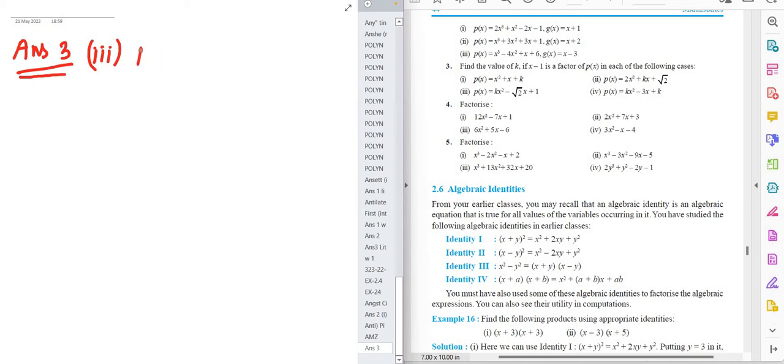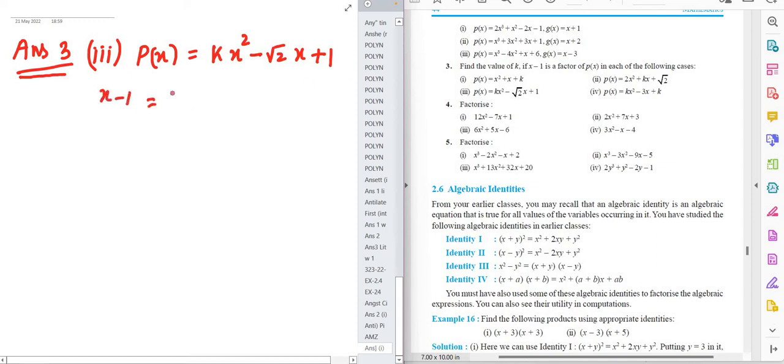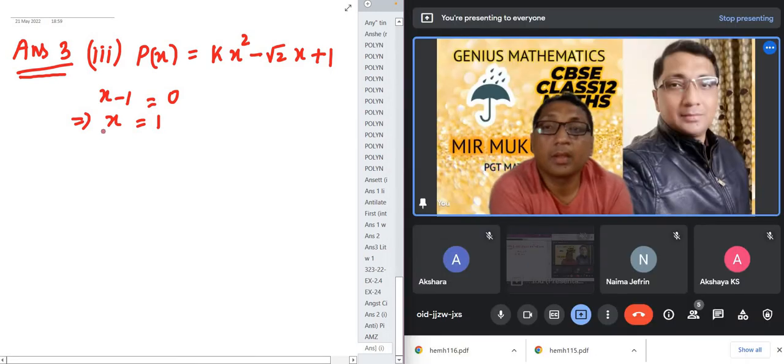Okay. So here P(x) is given: k x square minus root 2 x plus 1, and x minus 1 is a factor, it is given. So x equals to 1, right?